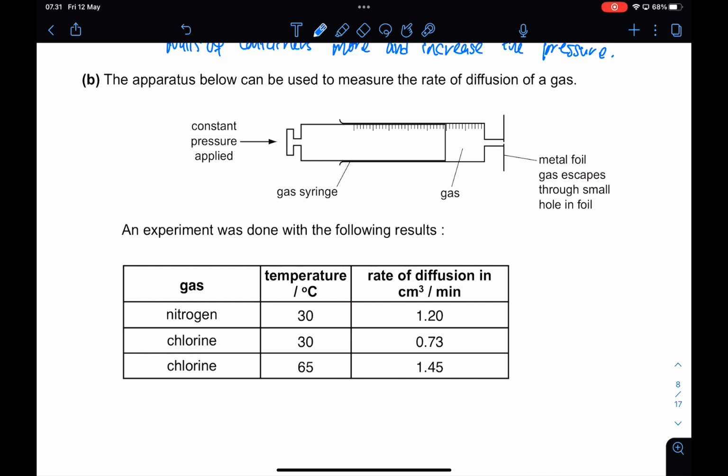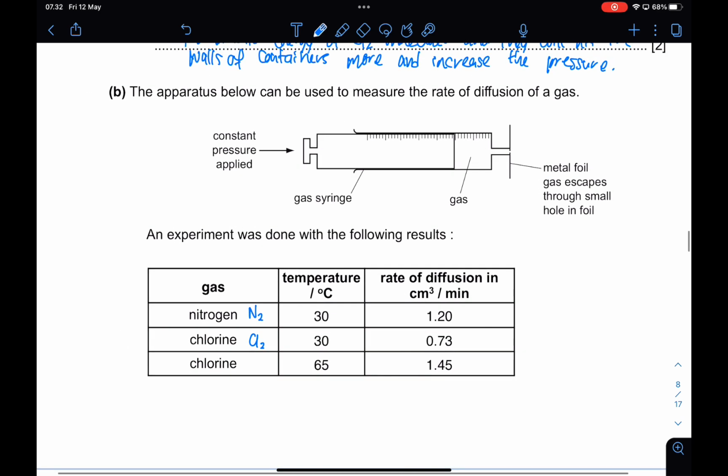Now the apparatus below can be used to measure the rate of diffusion of gas. If you can see over here, you have nitrogen, N2, and Cl2, chlorine. Yeah, something is wrong then. The apparatus can be used to measure the rate of diffusion of gas.